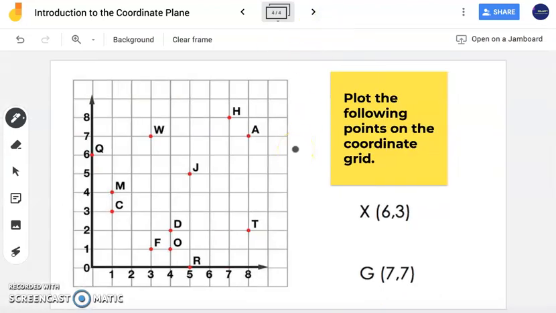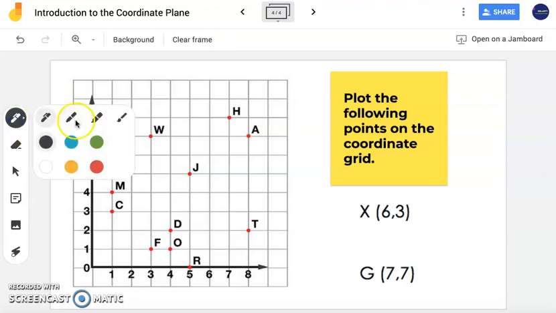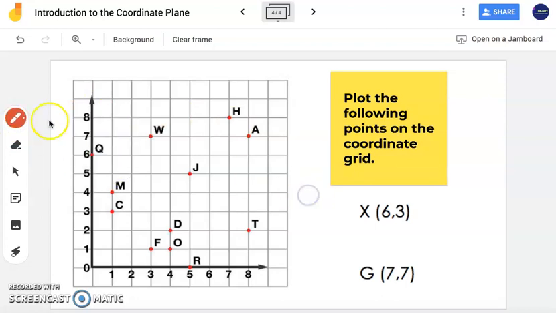Now looking here again, I have the same coordinate plane with the same points, but it's asking me this time to plot the following points on the coordinate grid, or you can say coordinate plane. I'll use red here to help us identify these points. So here I have point X, which they gave us an ordered pair of 6, comma 3.